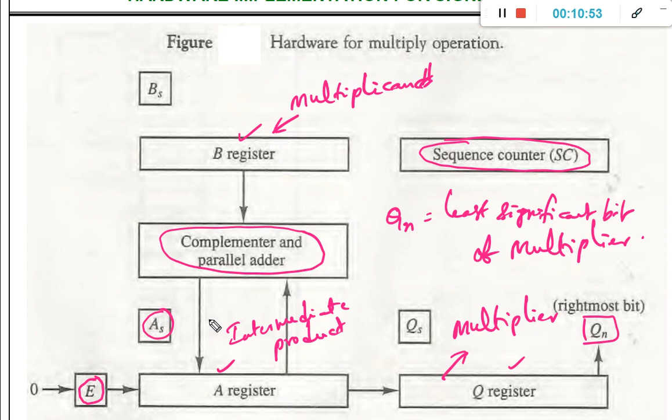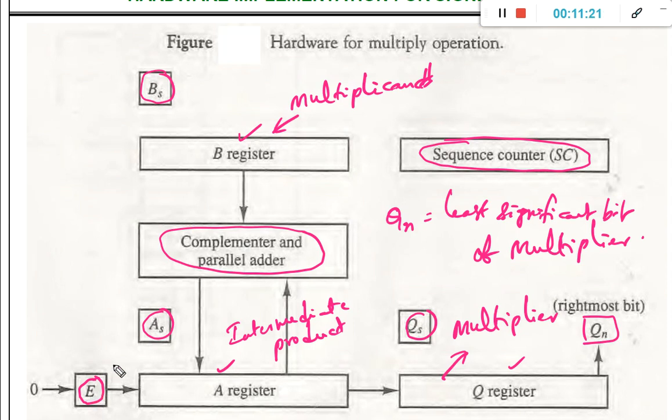AS represents the sign bit for the result, QS represents the sign bit for the multiplier, and BS represents the sign bit for the multiplicand. So this is the register organization, and initially we are going to move the 0 value to the expansion bit.